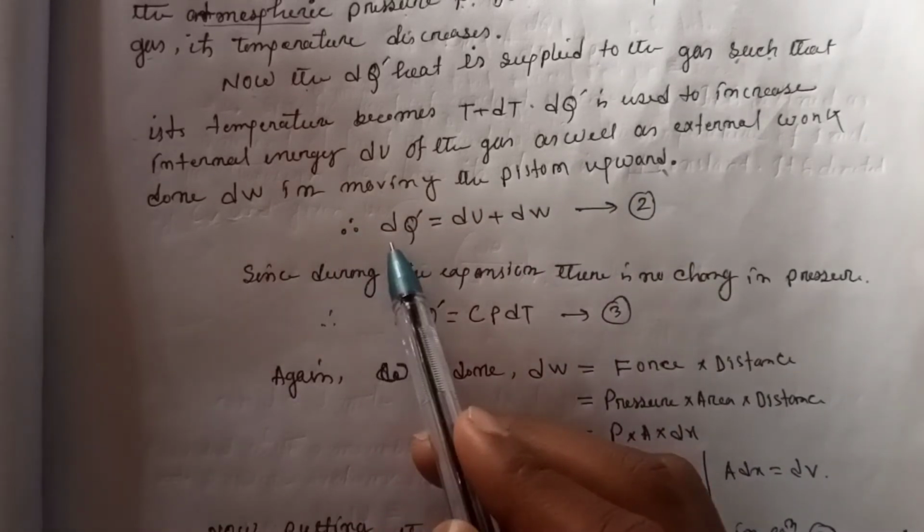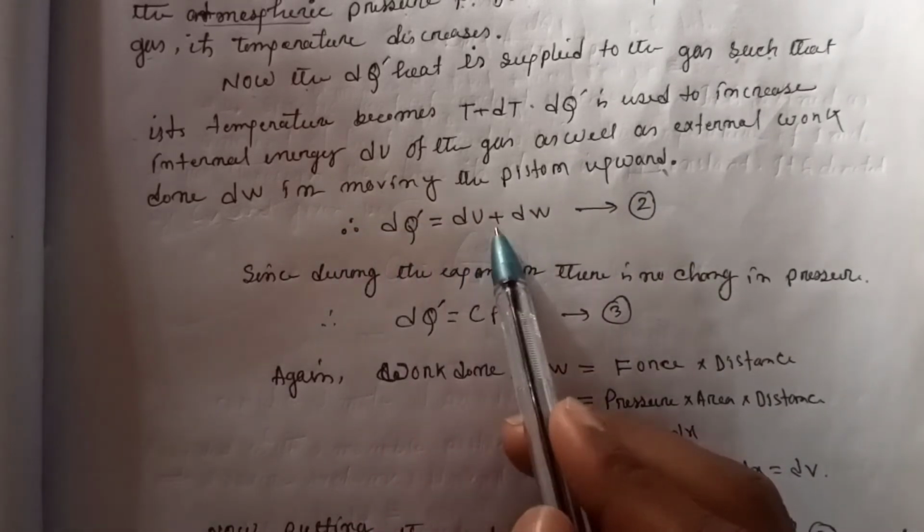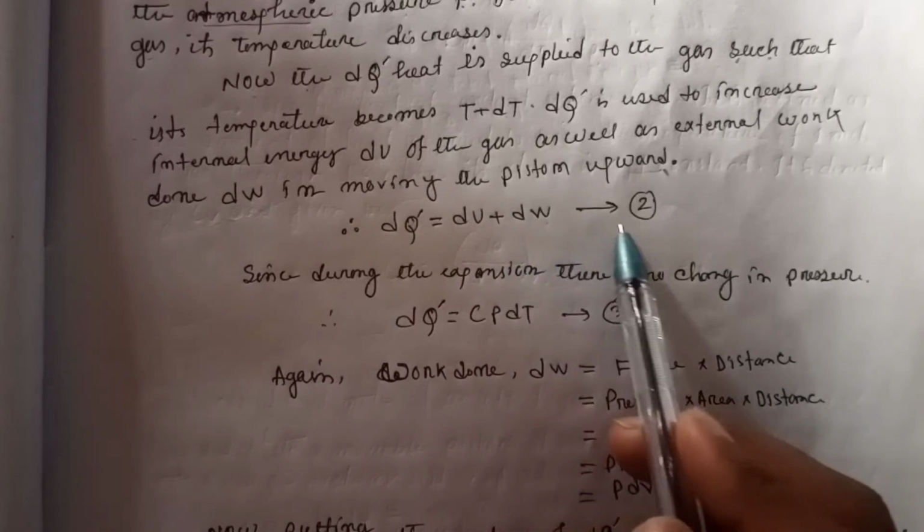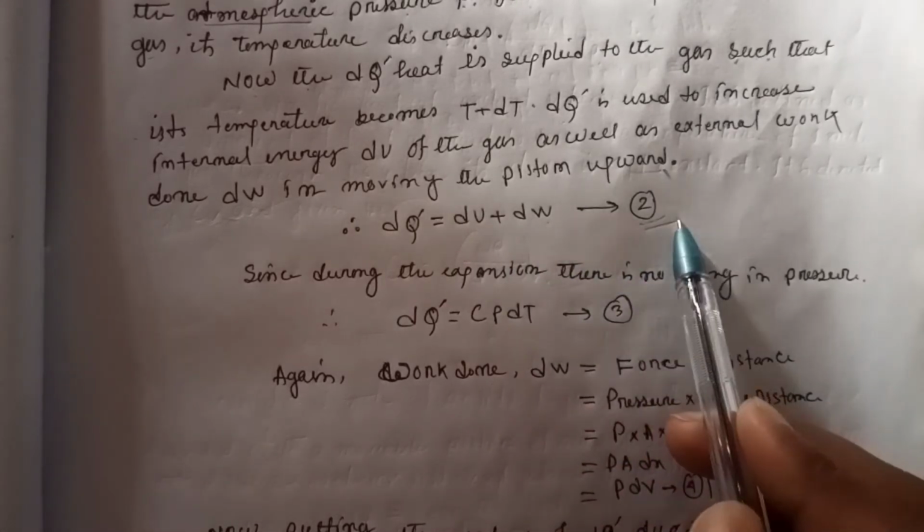That is dq dash equal to dU plus dW, which is mentioned as equation 2.